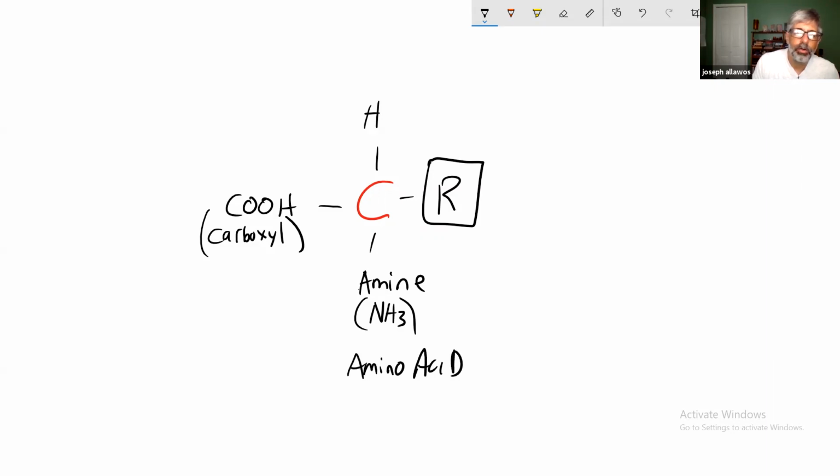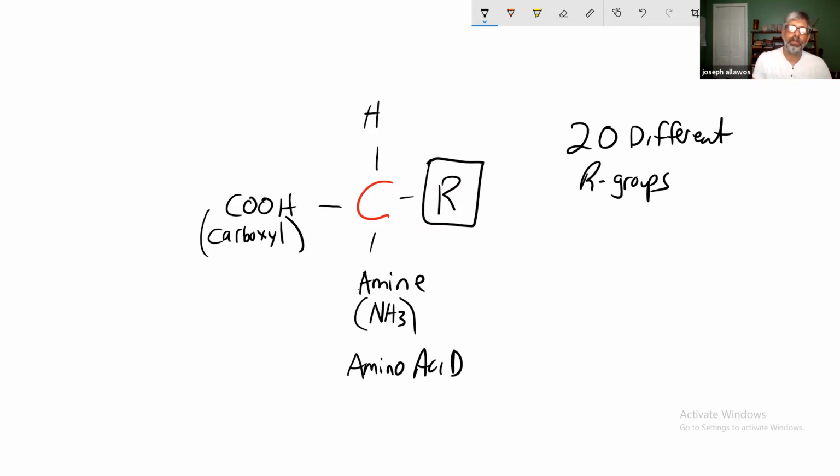And the R group is what changes from one amino acid to the next. And there are 20 different R groups, which means that there are 20 different amino acids, at least essential amino acids. And so, you know, you can change the R group, and that makes one amino acid different from the next.